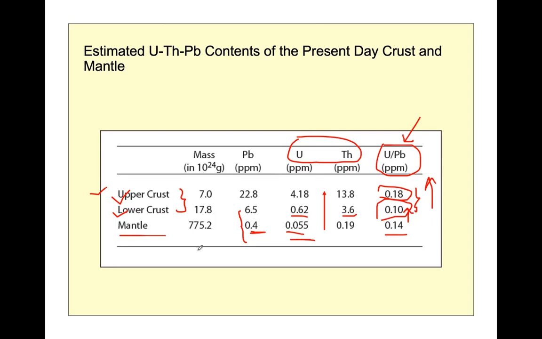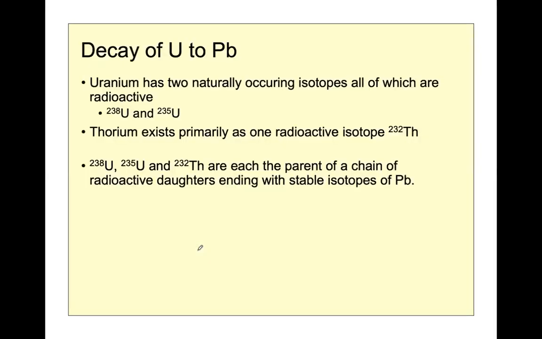Okay, and as we said before, uranium decays to lead, right? Normally, what decays forming lead is uranium, these isotopes, because naturally occurring uranium contains two radiogenic isotopes. These are the two radiogenic isotopes for uranium. And if you consider thorium, it exists primarily as one radiogenic isotope, that is thorium 232.